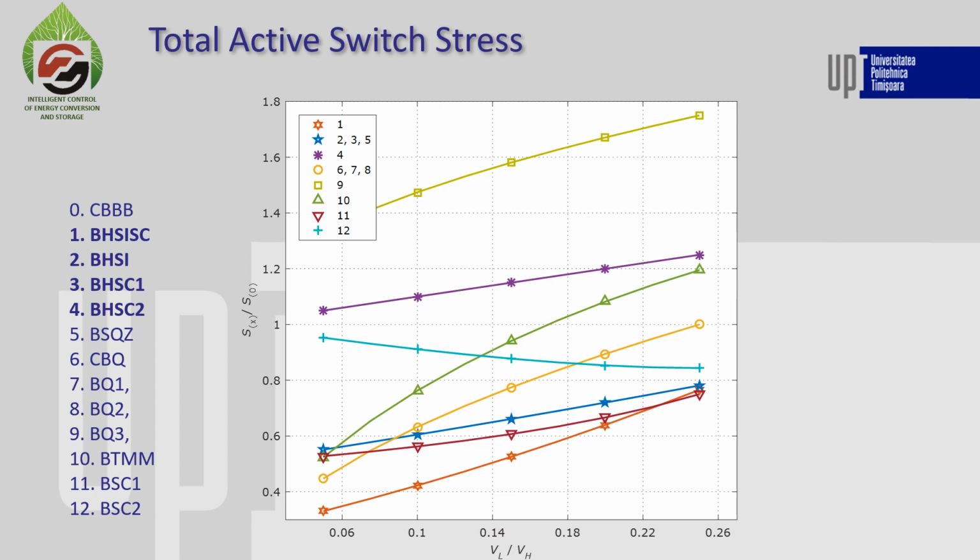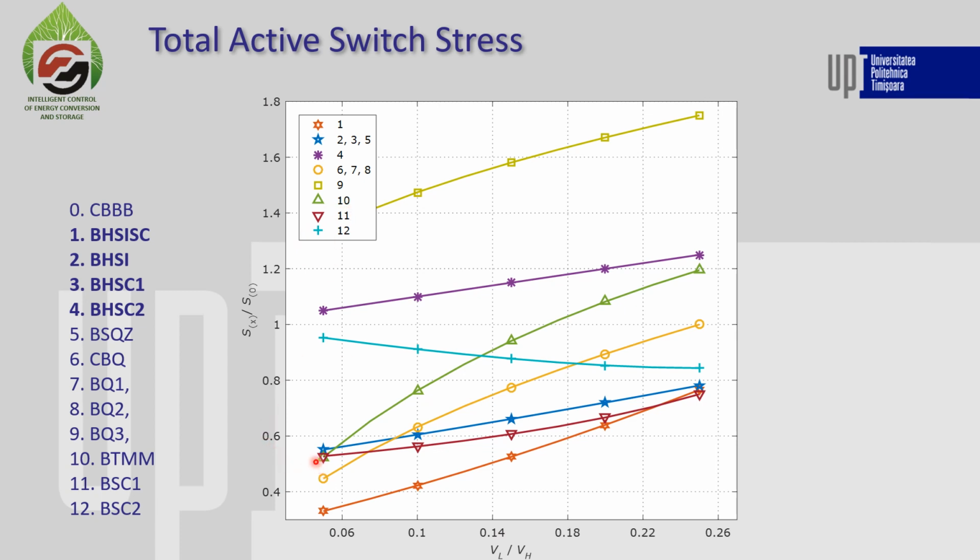Here we see the total active switch stress, which is also represented relative to the conventional buck-boost converter. Here we see that the lowest stress is for the combined bidirectional hybrid switched inductor switched capacitor converter, which is then followed by the quadratic converters for a low portion, because then we have one of the switched capacitor converters at number 11.